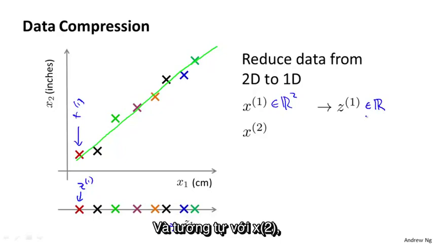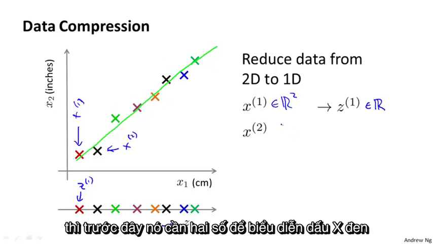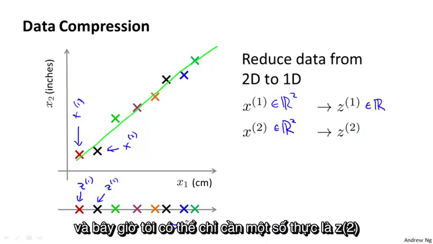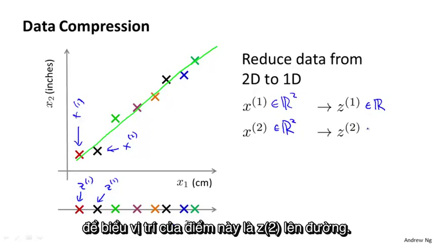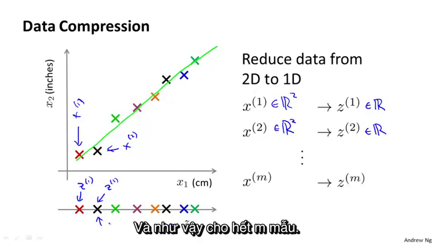And similarly, if x(2) is my second example, then previously this required two numbers to represent, but if I instead compute the projection of that black cross onto the line, now I need only one real number, which is z2, to represent the location of this point on the line, and so on through my m examples.